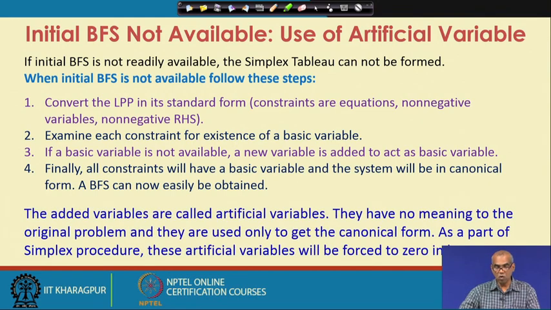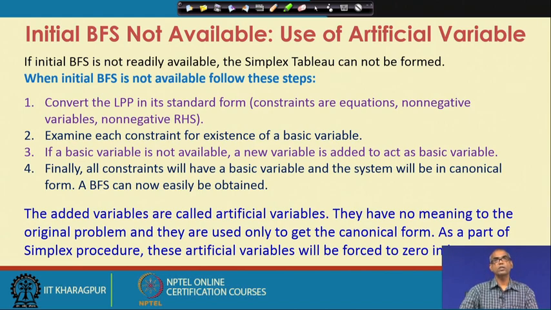The added variables are called artificial variables. They have no meaning to the original problem and they are used only to get the canonical form. As a part of simplex procedure, these artificial variables will be forced to 0 in later steps. So, if initial basic feasible solution is not readily available, we will introduce artificial variables to each constraint which does not contain a basic variable.